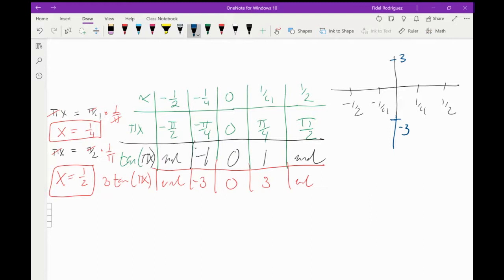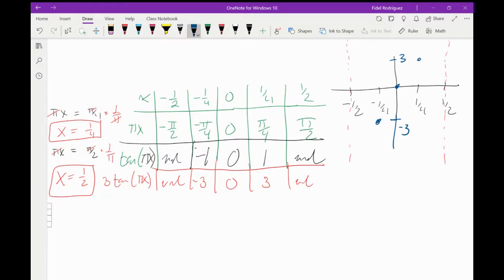So look, at negative 1/4, we're going to be at negative 3, at 0 we'll be at 0, at 1/4 we'll be at positive 3. Remember, we're going to have some vertical asymptotes here. One of them is going to be here at negative 1/2. The other one's going to be here at positive 1/2, right?